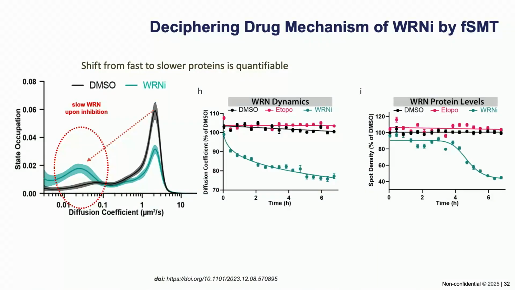Something I would like to point out here is that being able to do this in live cells and using single molecule tracking is giving us, of course, the information of what kind of population of the protein of interest we are modulating. Here we can see that with the drug, this Werner inhibitor, which is a helicase inhibitor that we discovered, we are going to modulate the diffusion coefficient, creating this low population of Werner.